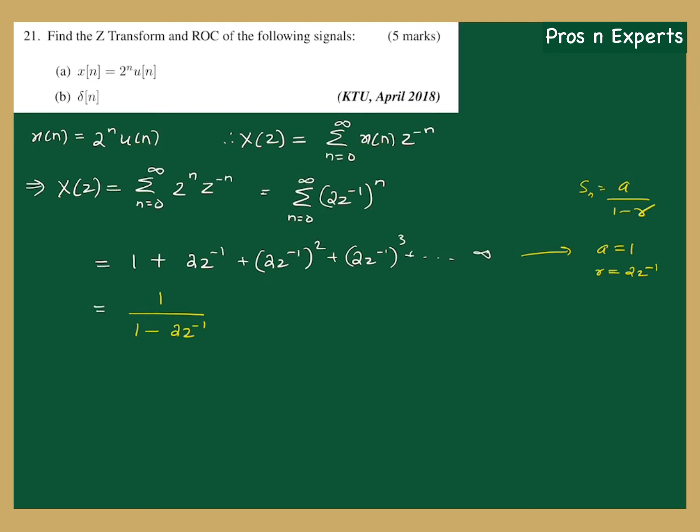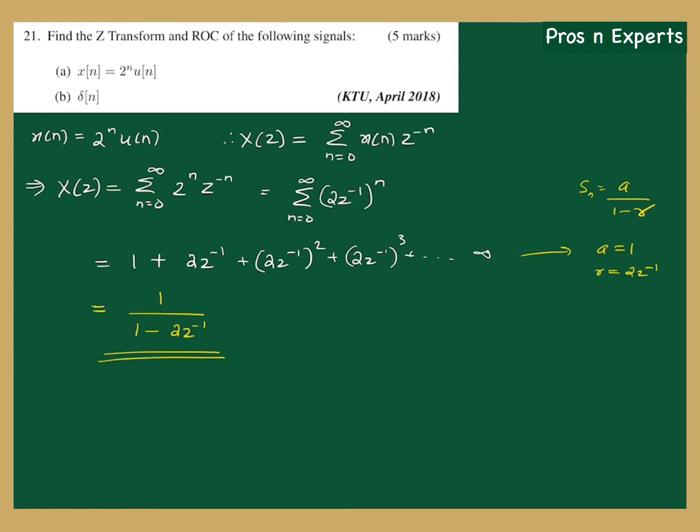But because it is a Z transform, you cannot just stop at finding the Z transform here; ROC is also an important thing. So what is ROC? You know how to find it, because we made a very important assumption here: we can use this formula only if modulus of r is less than 1.